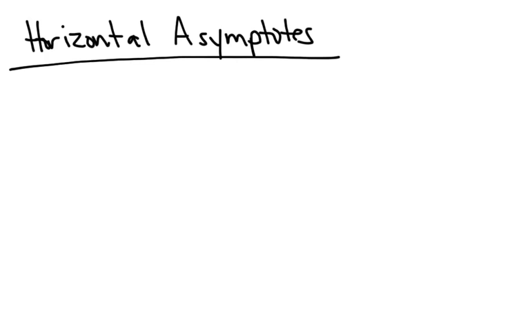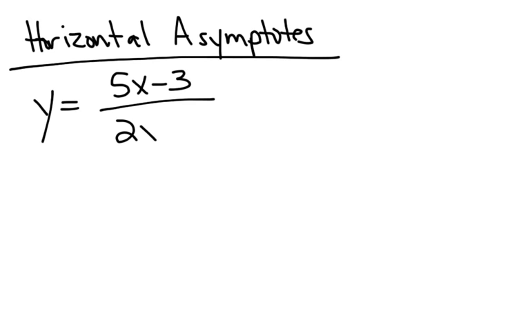Okay, there are three things that can happen when you have a rational function. So here's the first one that can happen. Let's say that I have y equals (5x minus 3) over (2x plus 1). I want you to notice that the degree of x is 1 in the numerator. That means the exponent of x is 1.